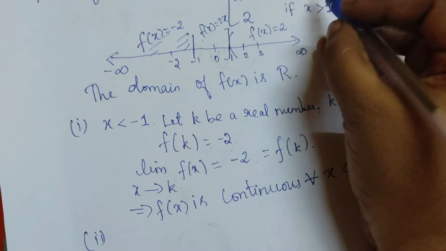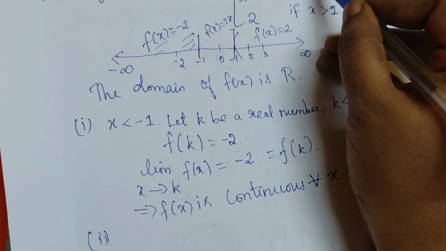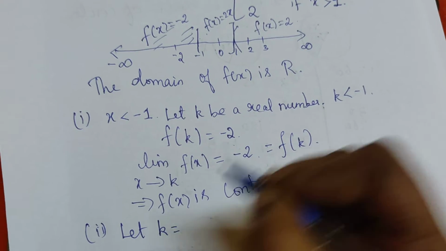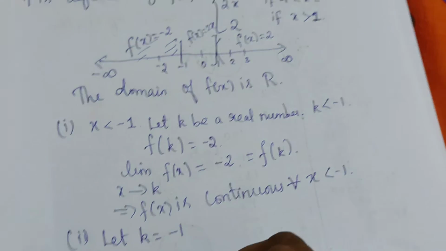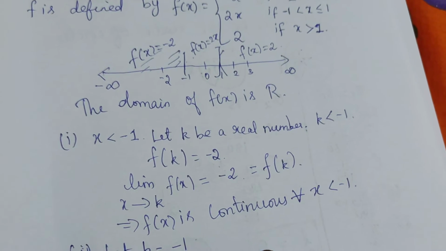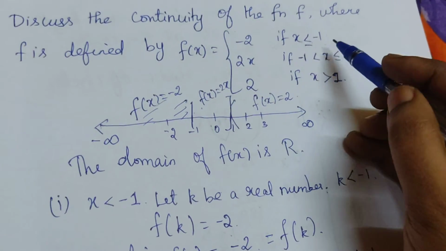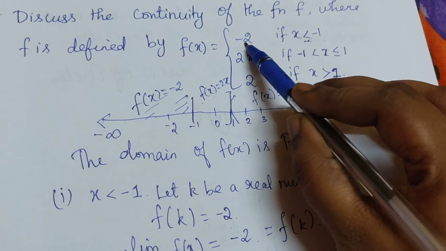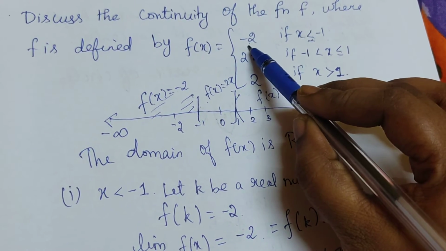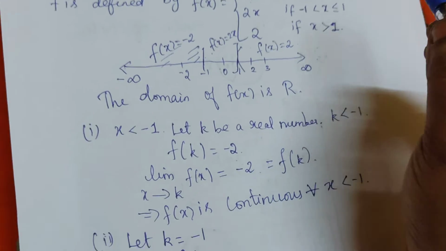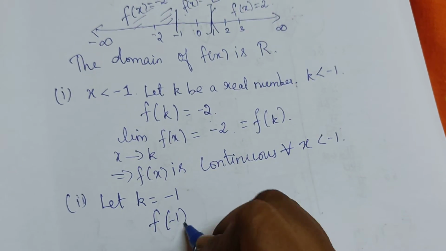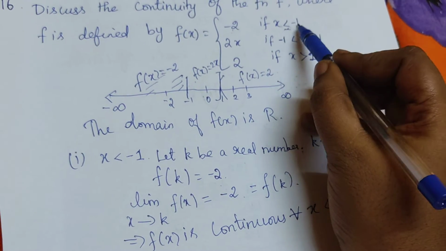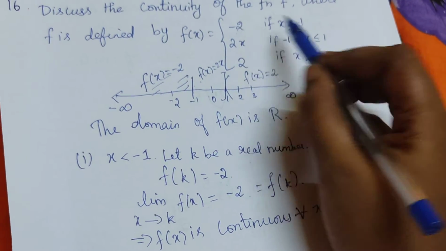In another case, we will take the value of k as minus 1. Let k be equal to minus 1. So when we have minus 1, the functional value is defined as minus 2. Since it's a constant function, f of minus 1 will be minus 2. Now we will calculate the limit of the function in the left hand neighborhood.